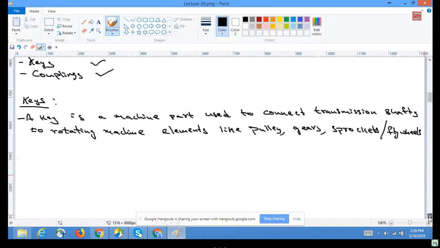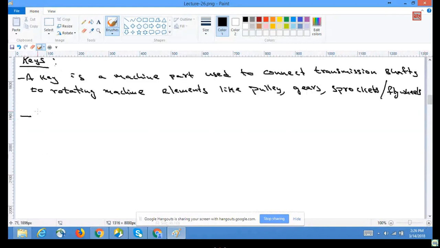Now, the function, there are two specific functions of keys.